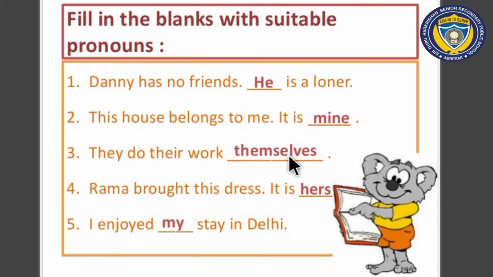That is a reflexive pronoun because it reflects back again to the subject. Rama brought this dress. It is hers. Again, it is a possessive pronoun because it shows possession of Rama's. I enjoyed my stay in Delhi. So, my here is the objective personal pronoun.